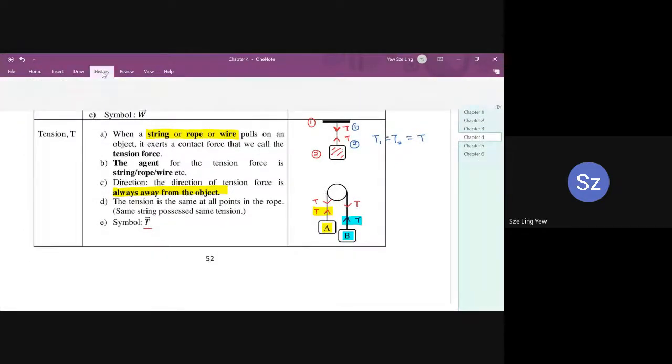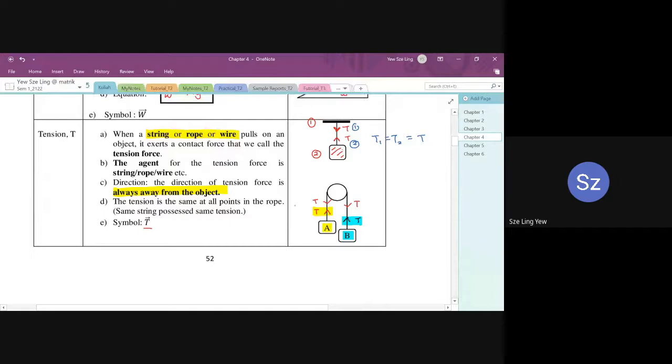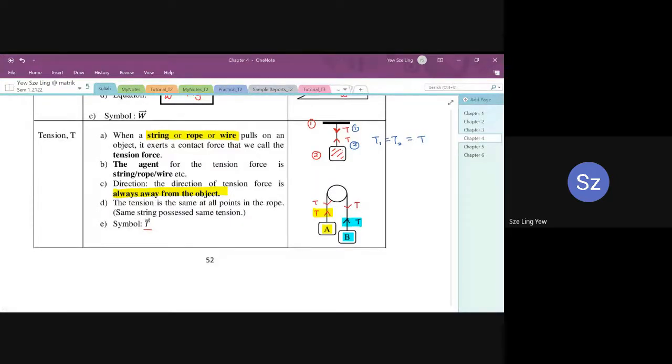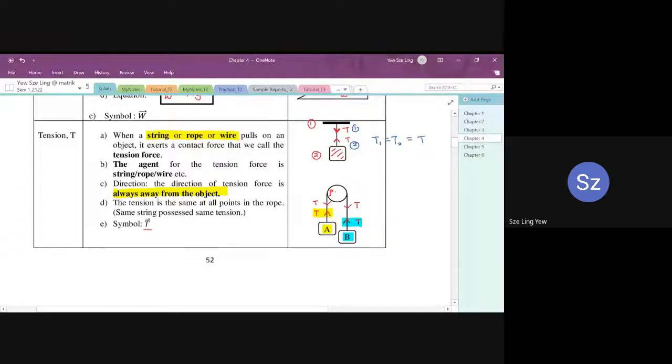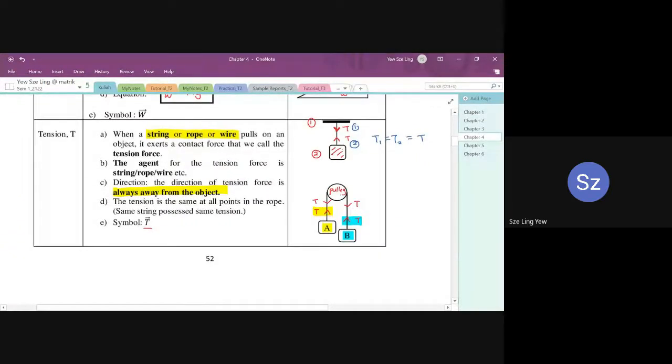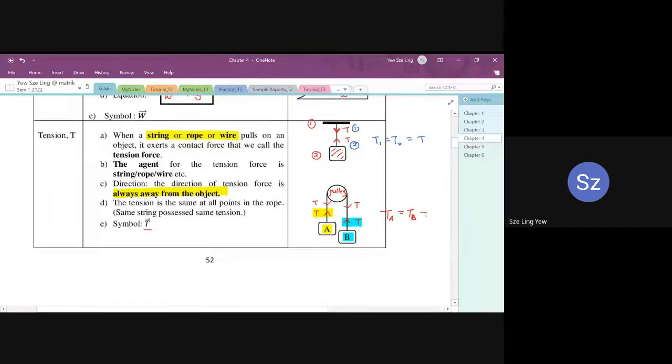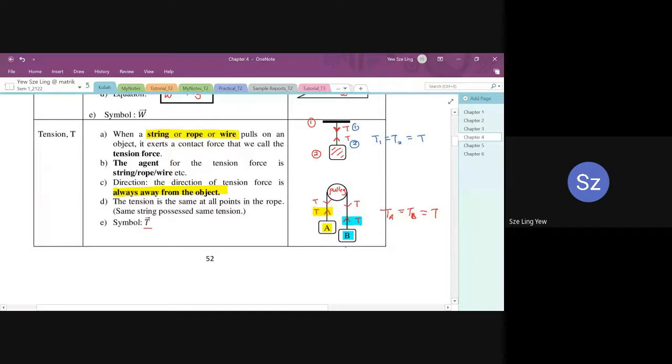Now, one thing about this diagram: these two objects are being connected by the same string over a pulley. So this is the pulley. Therefore, I can conclude that TA equals TB, which is T. That's why I label T in my diagram.